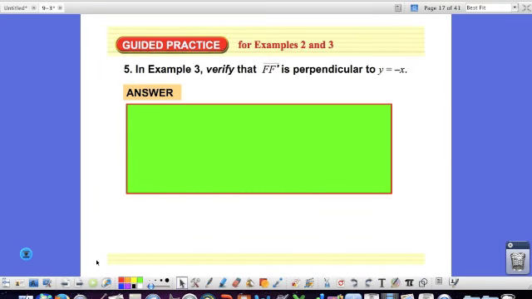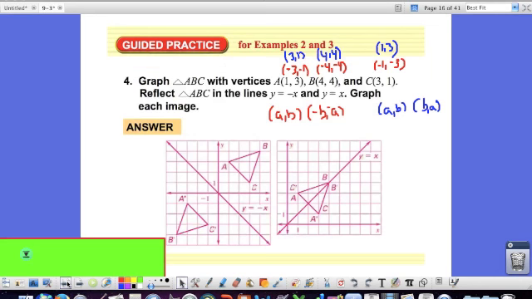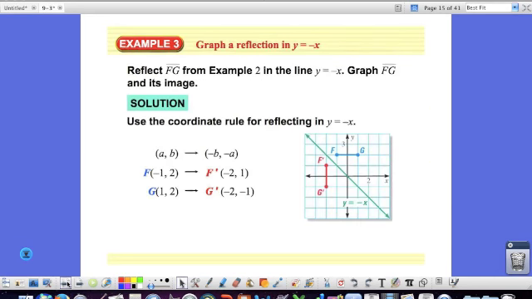In example 3, verify that FF' is perpendicular to y equals x. Okay? So in example 3, FF', so that would be this line here, is perpendicular. So what we would do is we would just find the slope of each of these.